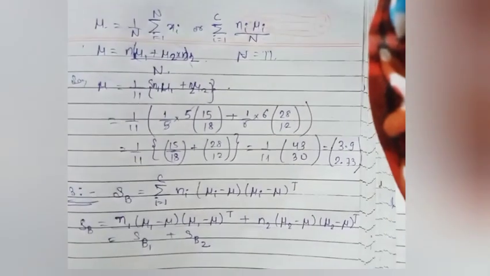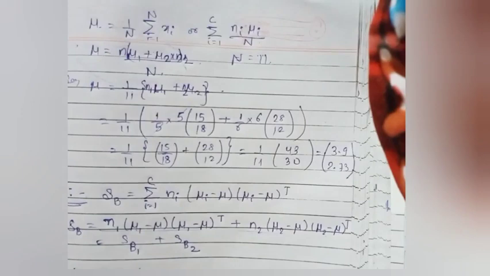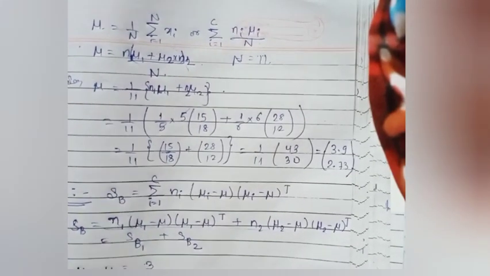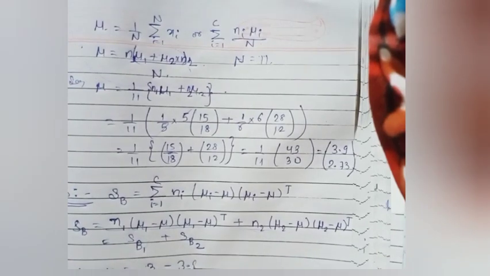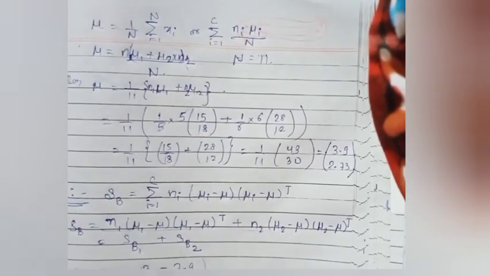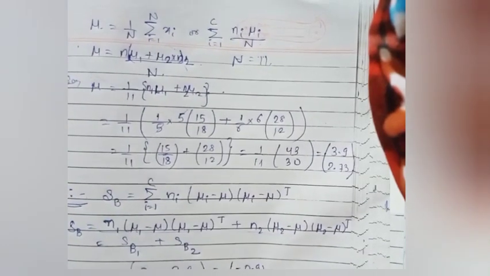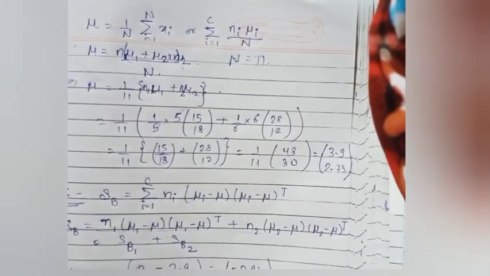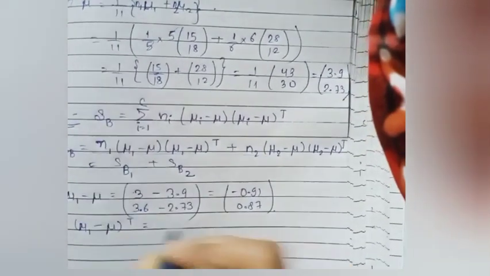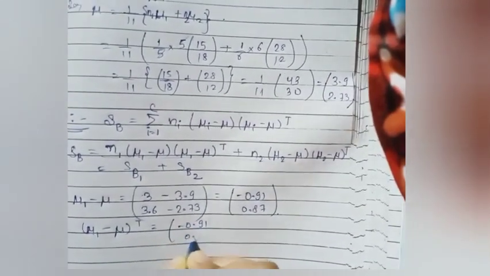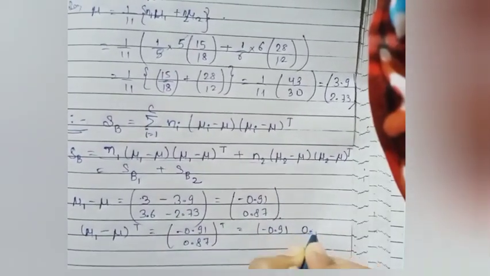Right. What was mu1 minus mu, we have calculated earlier in the first step, which is around 3.6 minus 3.9, and 2.73 minus 2.73 what it will give is the value 0.91, 0.87. Similarly, what will be the transpose of this? The transpose is the transpose of this one, 0.91, 0.87.